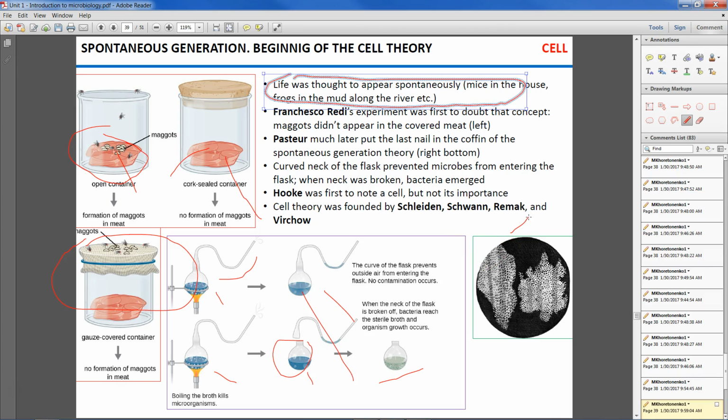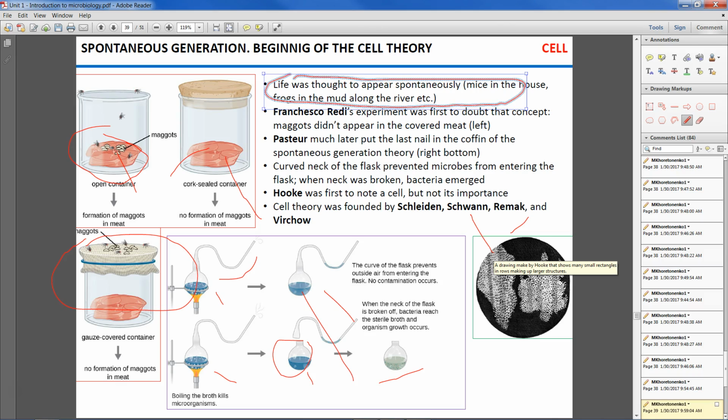Now, that was one thing towards spontaneous generation, the blow to spontaneous generation in theory. But the cell as the elementary unit of life wasn't really known. Scientists knew about cells as early as Robert Hooke, who observed cells when he looked at a cork sample.